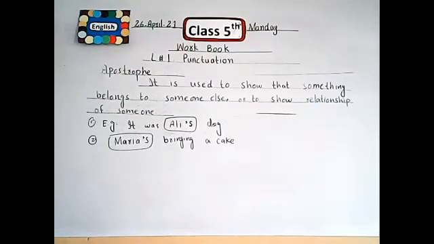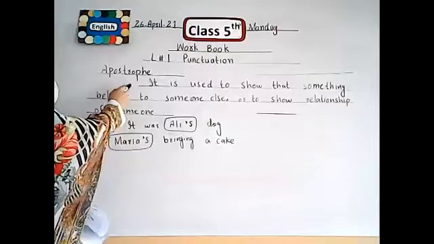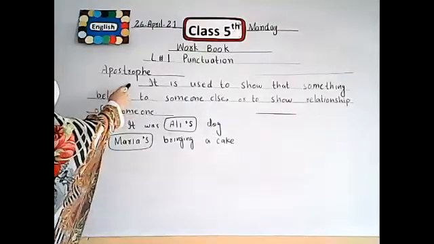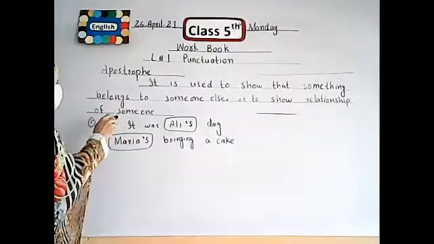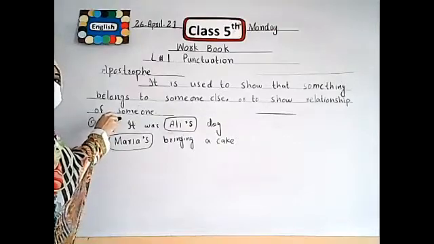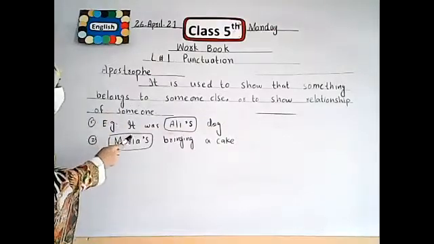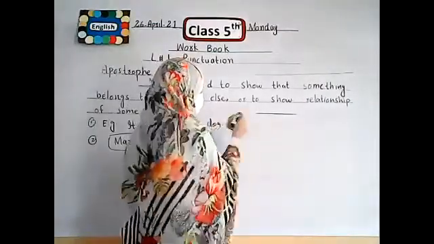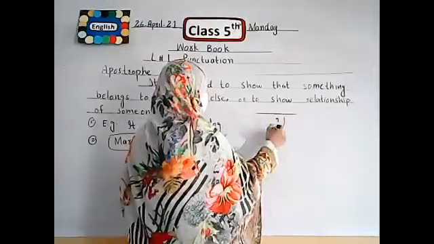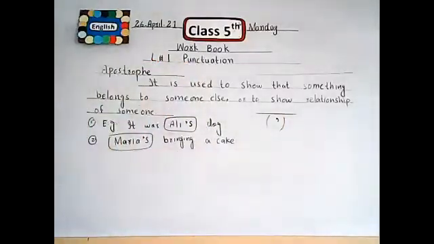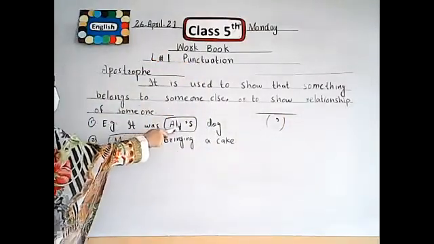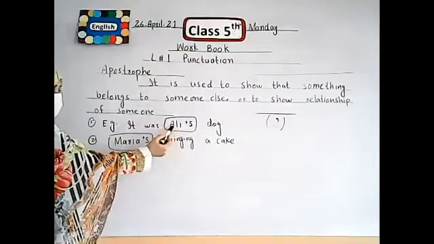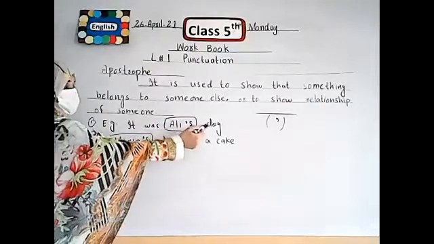Okay, students, we use apostrophe to show the relationship between two things. In the first sentence, it was Ali's dog, we show the relationship between Ali and the dog.